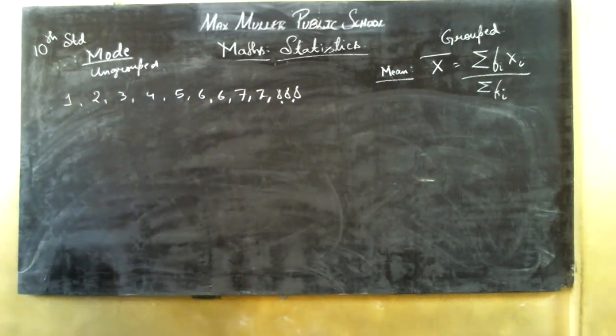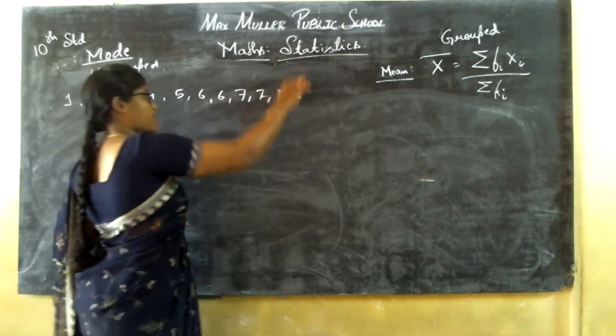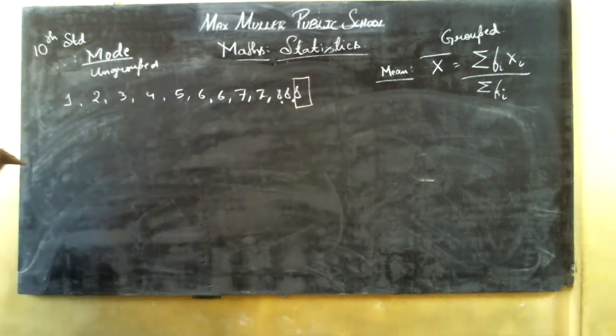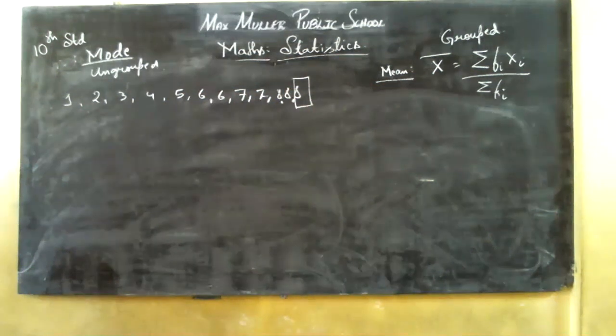It is 8, correct? 8 is the most repeated number. So the mode of the given sequence is 8. Correct? This is the way you analyze, this is the way you see, this is the way you interpret the mode of an ungrouped data.